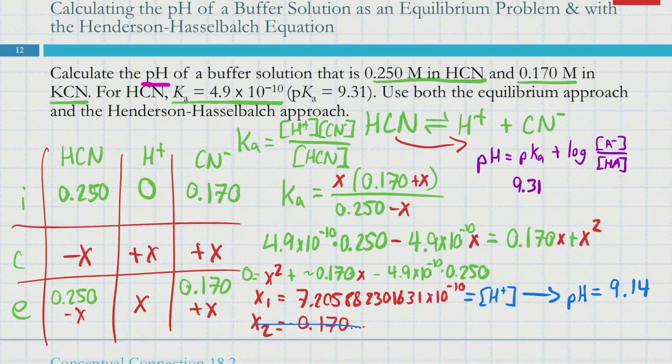So 9.31 plus the log of 0.170 over 0.250. Technically both molar, those molars will go away. They're wisdom teeth after all. So 9.31 plus log 0.17 divided by 0.25. And wouldn't you know it, got a value of 9.14.